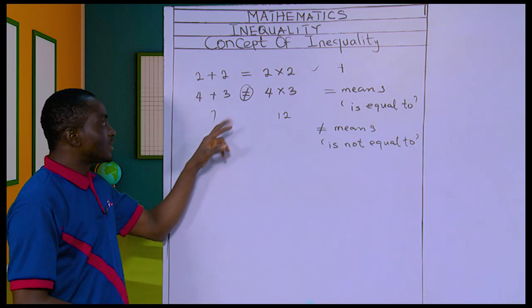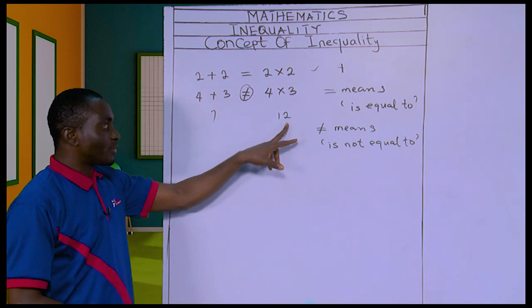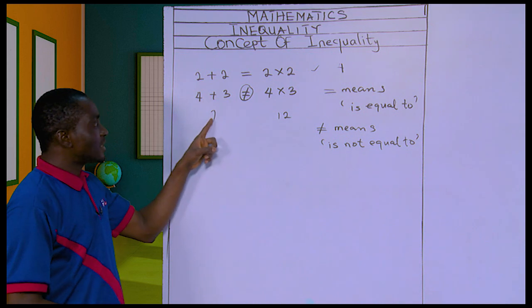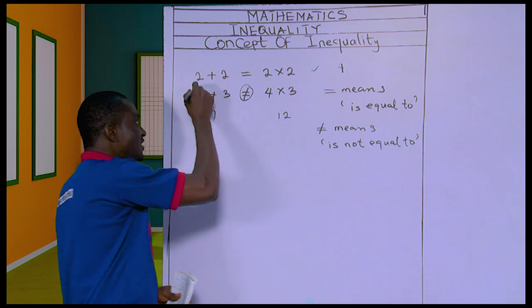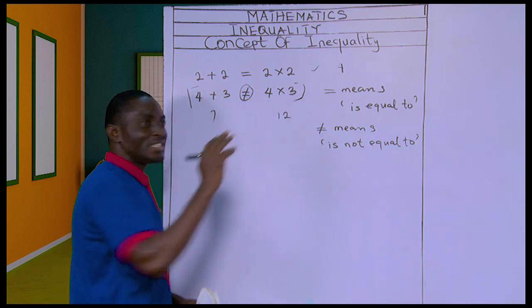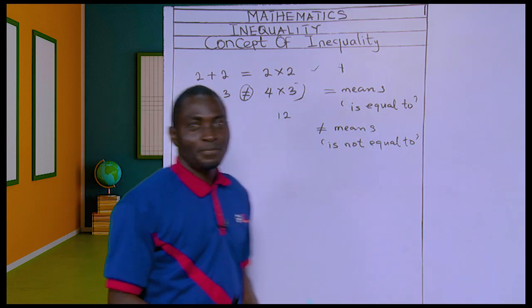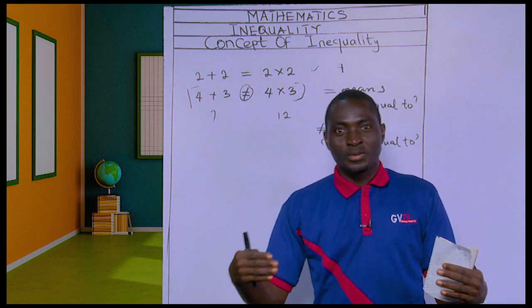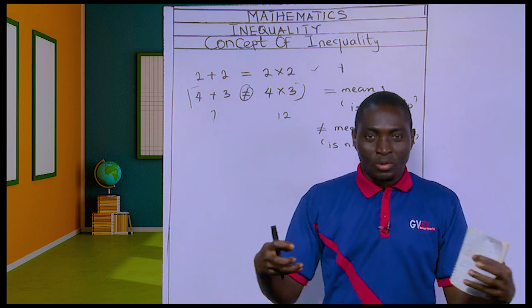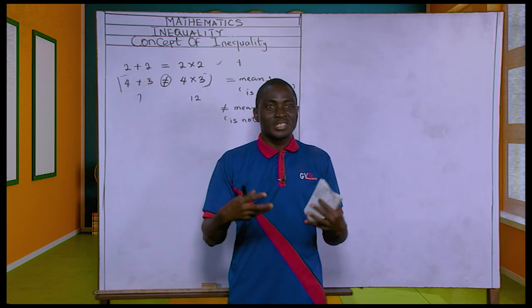So 7 is not equal to 12. I repeat, 7 is not equal to 12. Therefore, this is referred to as inequality. Inequality, that is unequal. It is not equal.